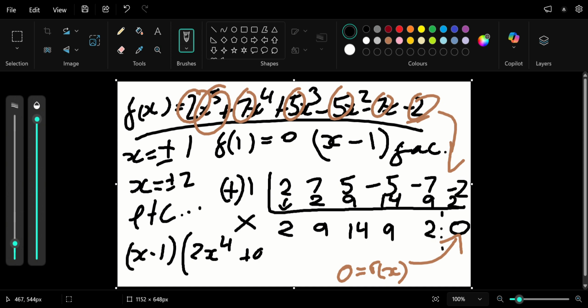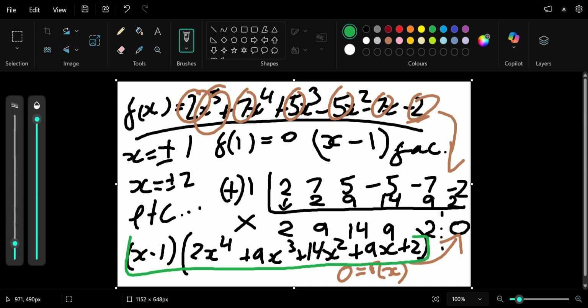Our next one is cubed, then squared, then x, then a constant. So this here would be your final answer. Sorry it's kind of messy, but this is how quick synthetic division can be. It just spits out the answer to you, especially when there's no remainder.